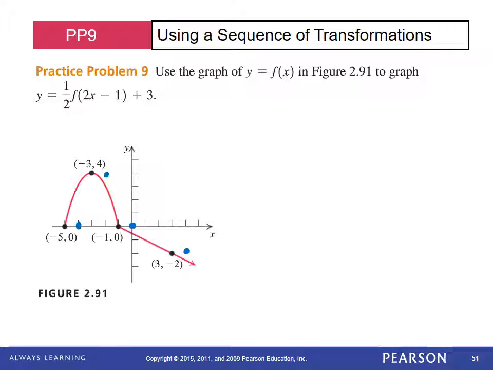Or compression. Right? So let's go horizontal first, because we got that little 2 here. What are we going to do here? So there's my horizontal shift. This guy's going to be a horizontal compression, right? So 0, 0 stays, no change here. This guy here, which is negative 2, 4, now goes to here.